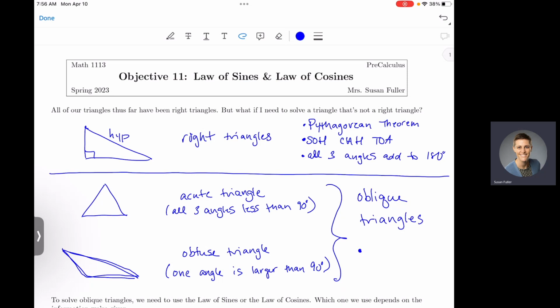How about all three angles adding to 180 degrees? Yes, that's true for every triangle, not just right ones. So for right now, that is the only tool that we have at our disposal thus far for oblique triangles.